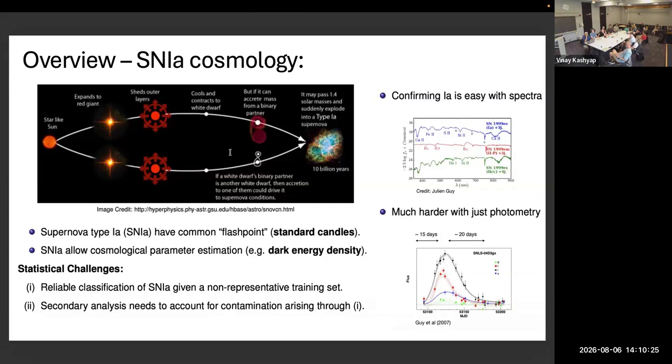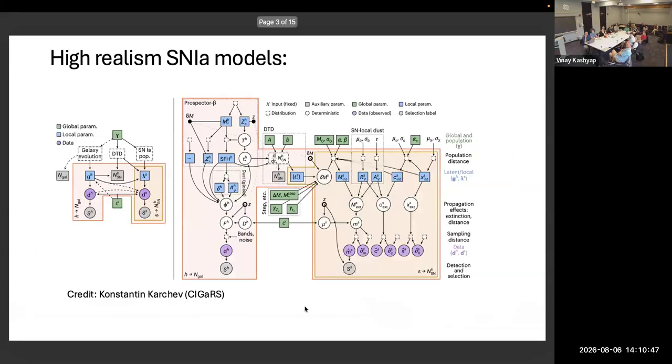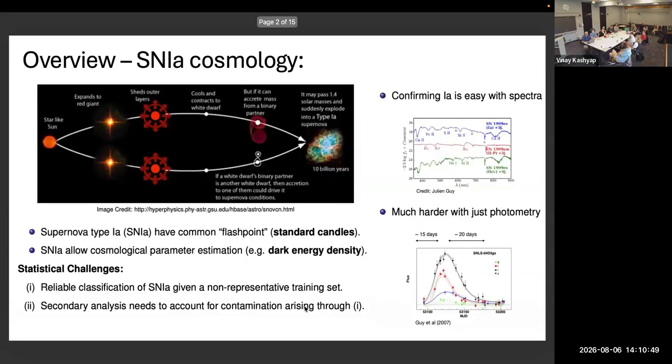For most of the upcoming LSST data, we'll only have photometry, and given photometry, it's much harder to reliably classify supernovae. So we will have some type uncertainties on 1As versus any other types. What we're focusing on today is the secondary analysis and how we account for the contamination, so non-type 1As in your data set.